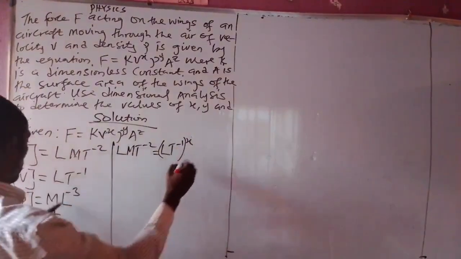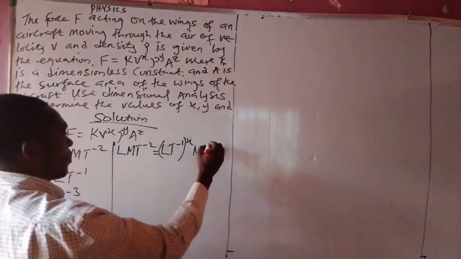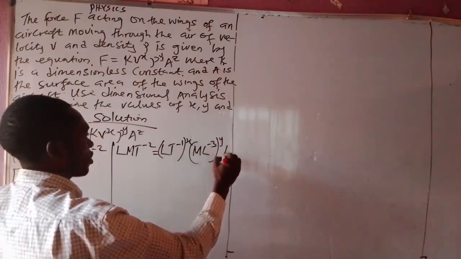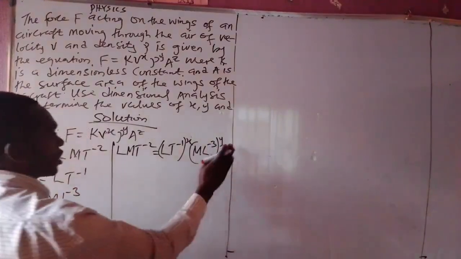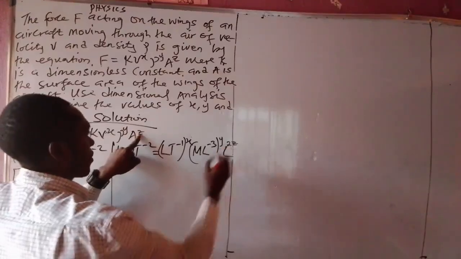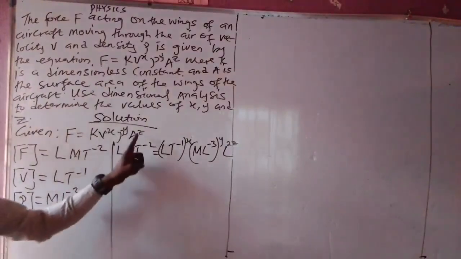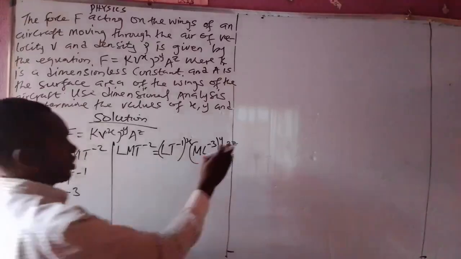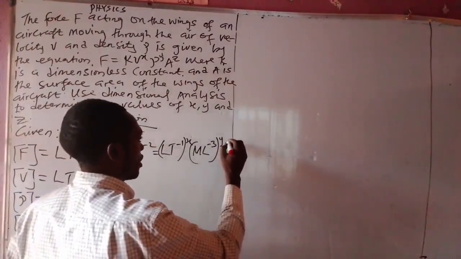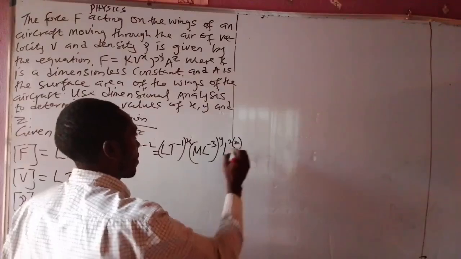Then we have rho, instead of writing rho, we write ML^-3 raised to y. Then the next one is A, which is L squared, so that is L squared raised to z. Let us do it gradually.